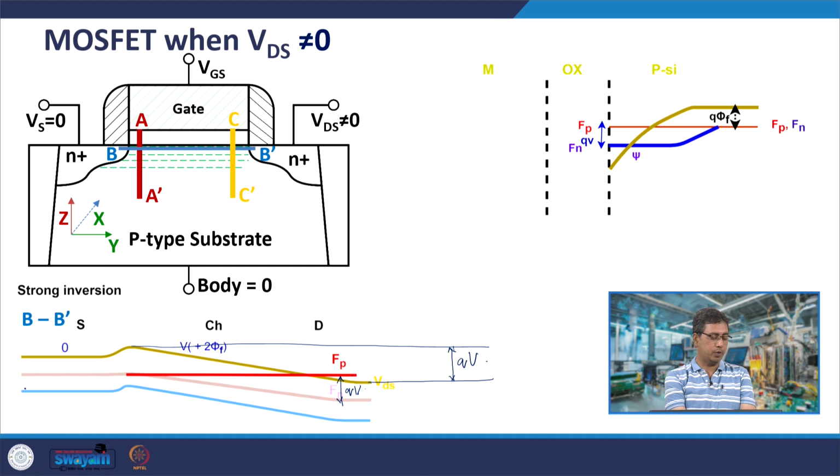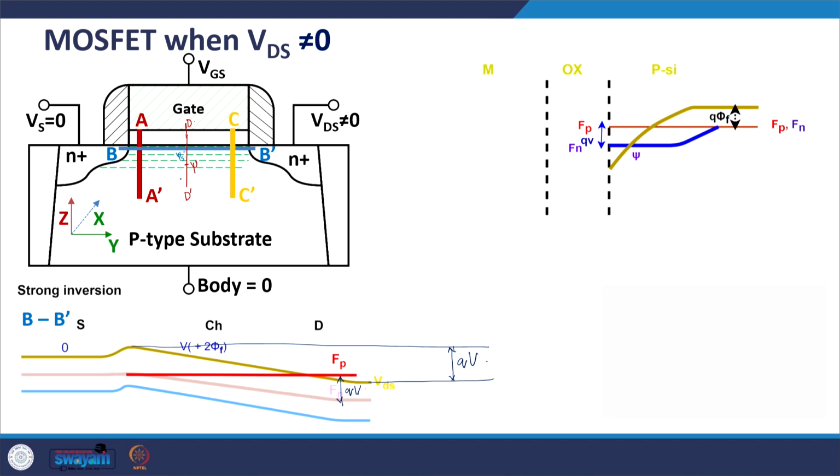Now, let us look at what is the value of electron concentration anywhere along the channel. Suppose you have a horizontal line here, some d prime d. So, along this, suppose the potential here is chi and the potential at the interface, the silicon dioxide interface, that is the surface as we call it, is chi s. Here it is 0.